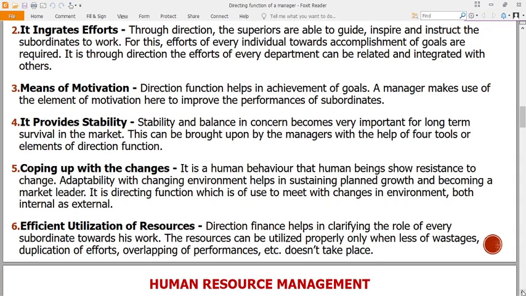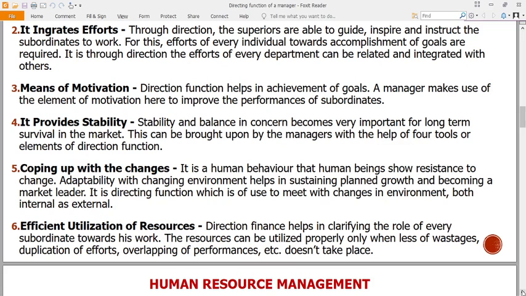Then it helps in coping with changes. In most cases, managers at the top level come up with changes, or a change in policy, or a change in how things are done, and therefore if workers are not properly directed, they might not adapt to the new changes.